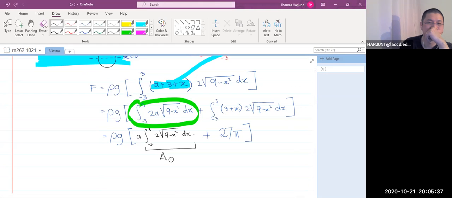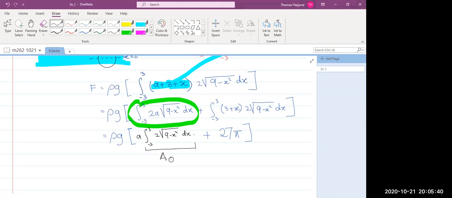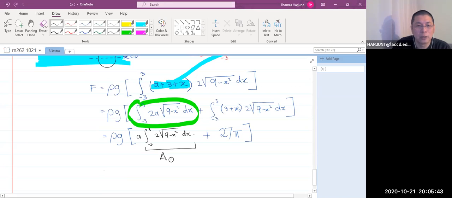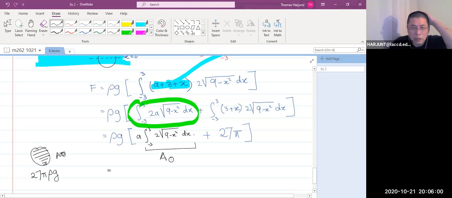Okay? It's as if I'm saying the following: if you have a circle with hydrostatic force 27 pi rho g, and the area of that circle is A, then when you submerge that down by a units, the hydrostatic force will be the same 27 pi rho g plus the area of that lamina times how deep you push it in times rho g.